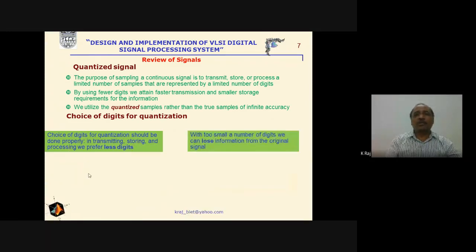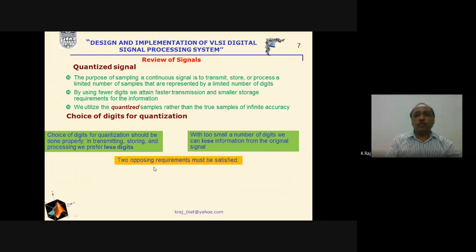So the less number of digits are required, but with too small a number of digits, we can lose the information from the original signal. So on one side there is a need of fewer digits in order to get efficient transmitting, storing, and processing. But at the same time, if we are reducing the number of digits, then we can lose the information.